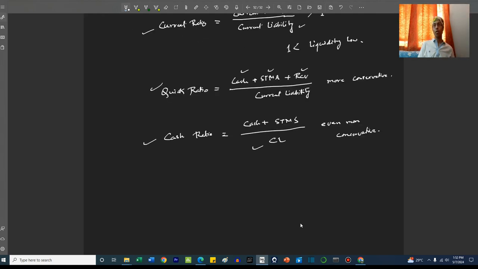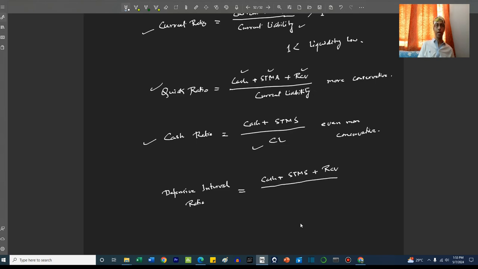Now there is one more ratio, friends, which is called defensive interval ratio. This uses the same numerator as the quick ratio, which is cash plus short-term marketable securities or investments or assets plus receivables.